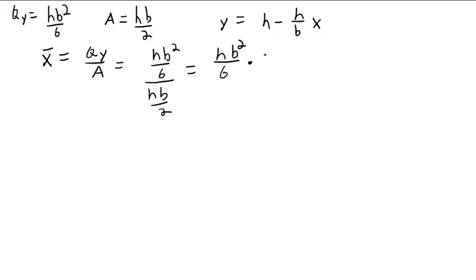So I'm going to do that. 2 over hb, boom, boom, boom, boom, and I get b over 3 for x bar, which is exactly what we expect. The x bar is 1/3 of the base.